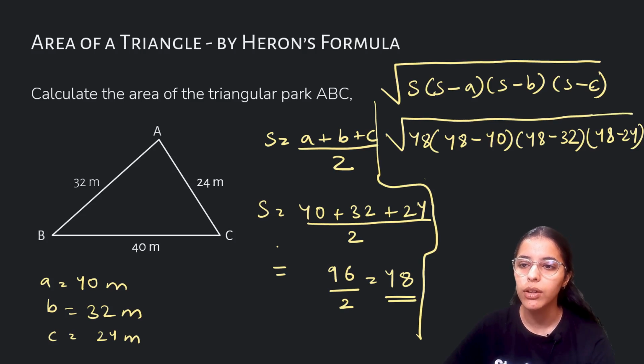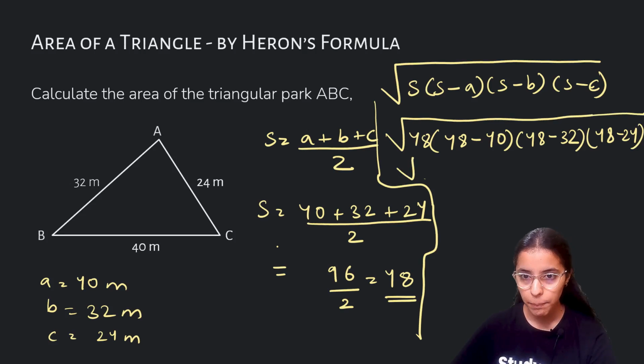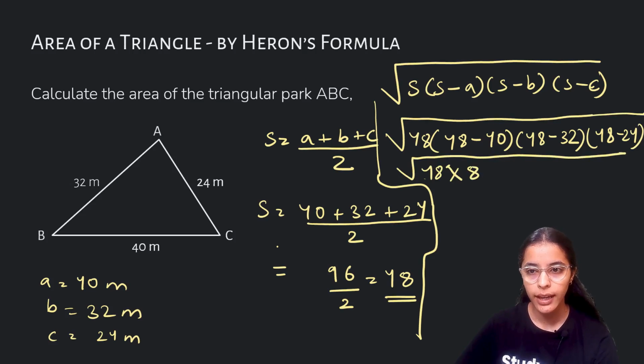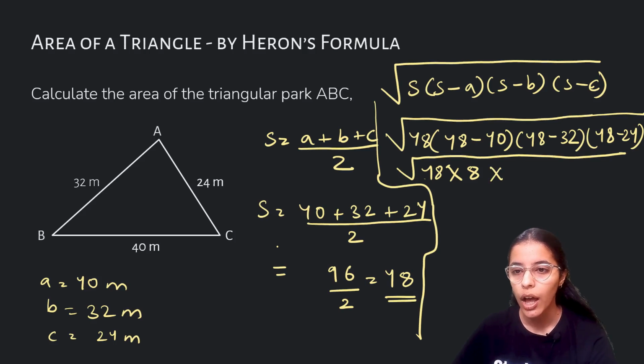And this is what will give us our area. Now let us subtract and write 48 into 8 into 16, because 48 minus 32 is 16. Then 48 minus 24 is 24.